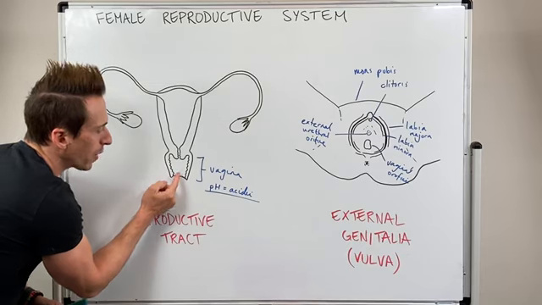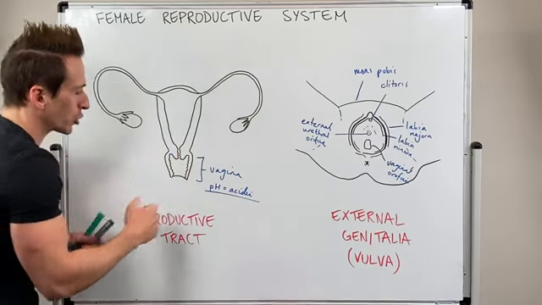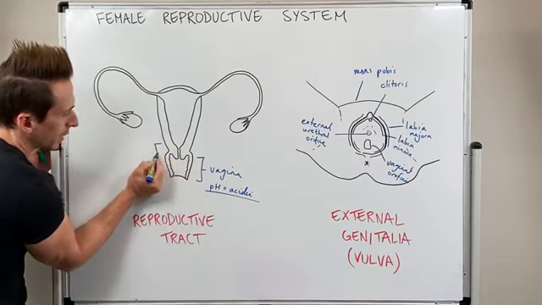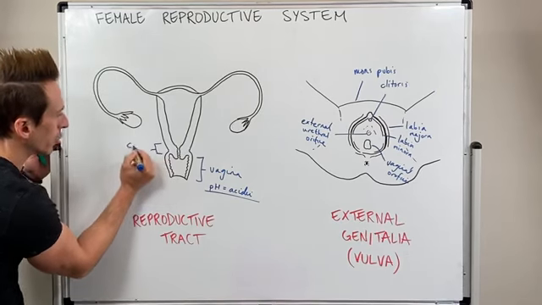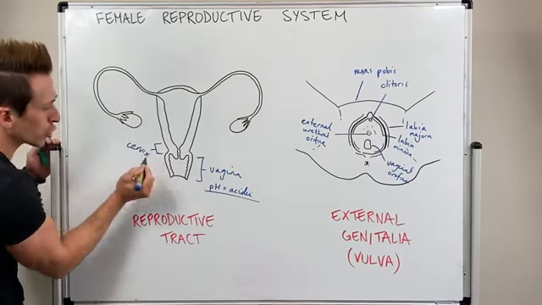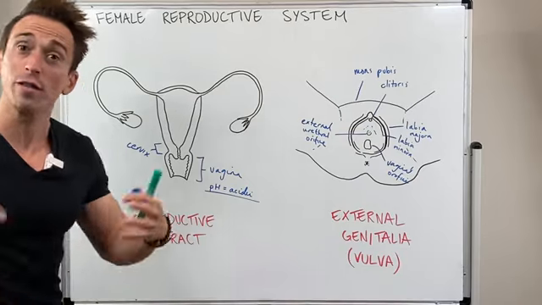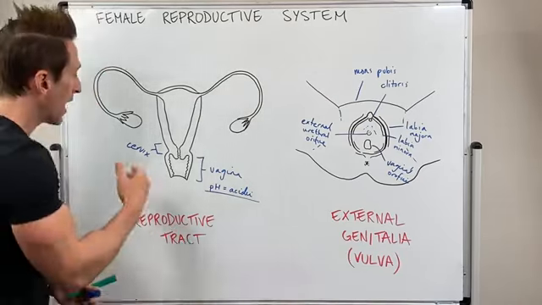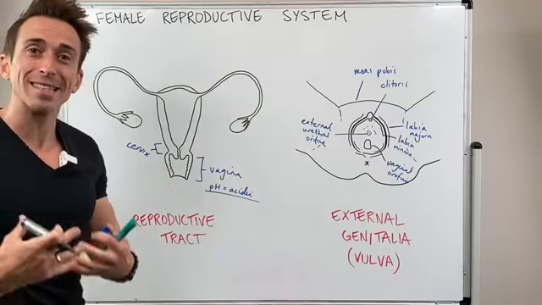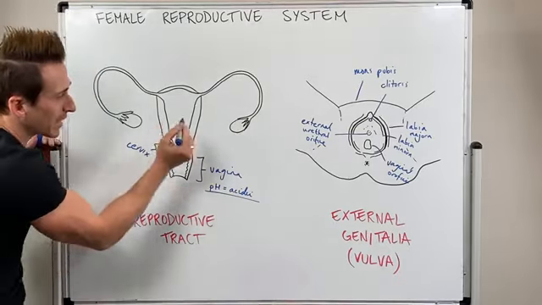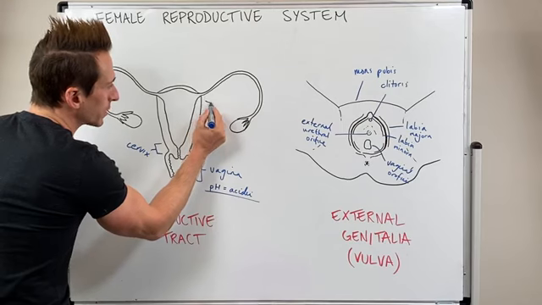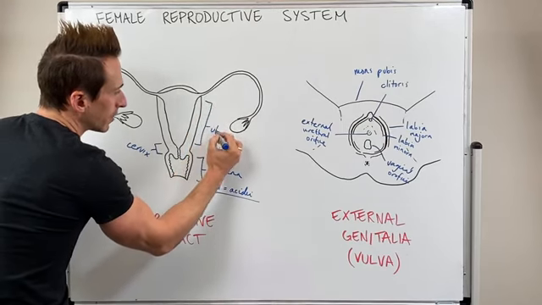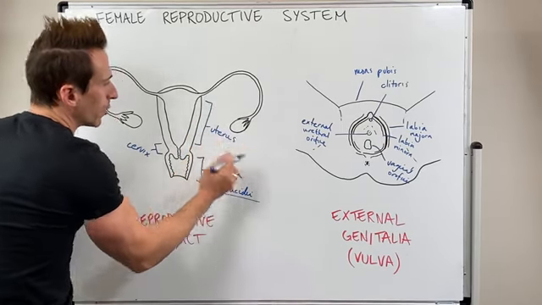Now, as we move from the vagina, we get to the cervix. You've probably heard the cervix referred to as the neck, and that's what cervix means, because the cervix is the neck of the uterus, which we have here.